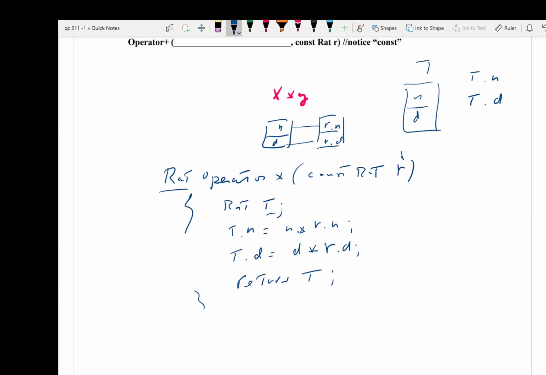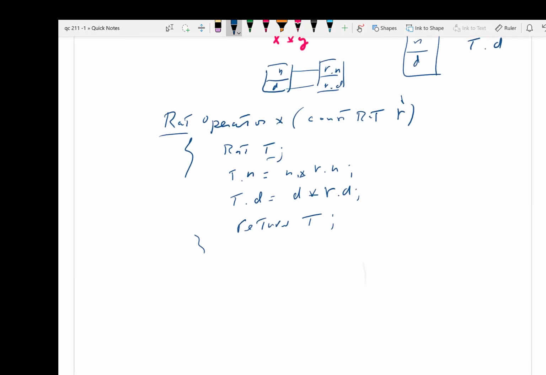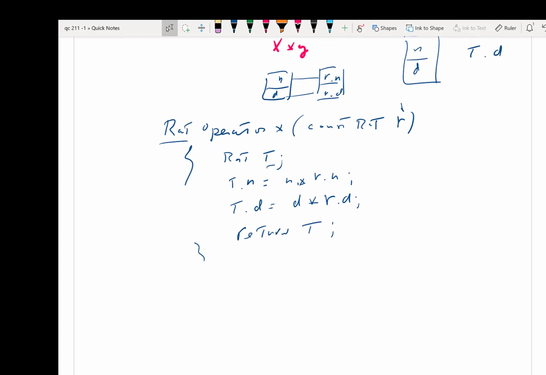Now there's two things here that I want to also point out. Let's say I do the following thing. Let's say that my rat x is 1 quarter and my rat y is also a quarter. So let me write a little bit bigger here.